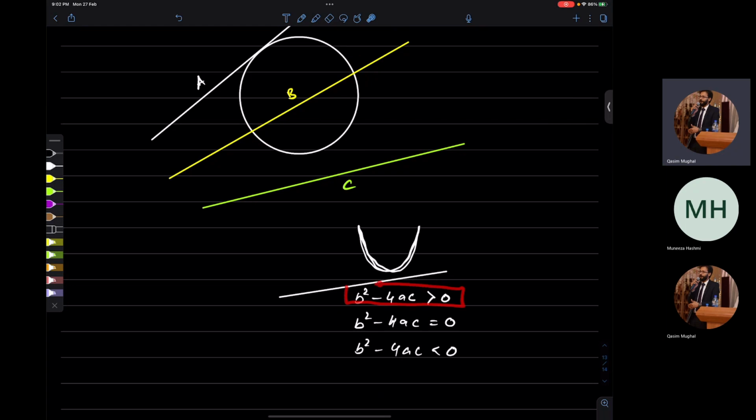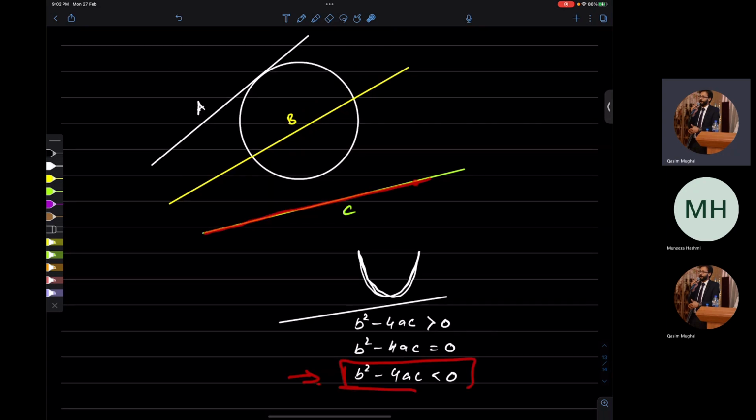If b squared minus 4ac is greater than 0, you're going to have two distinct solutions, meaning it is going to cut the circle at two different points. And if the discriminant turns out to be negative, it means it's not even near the circle. It's not touching the circle at any point.